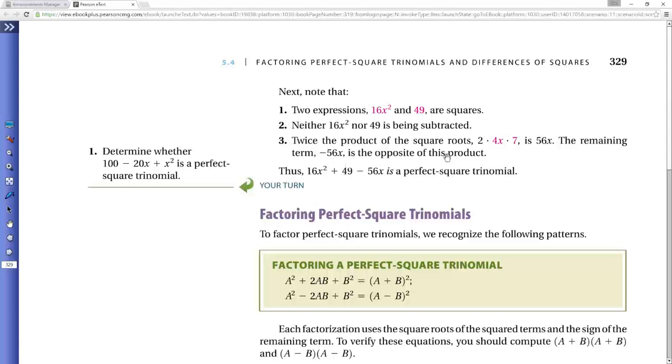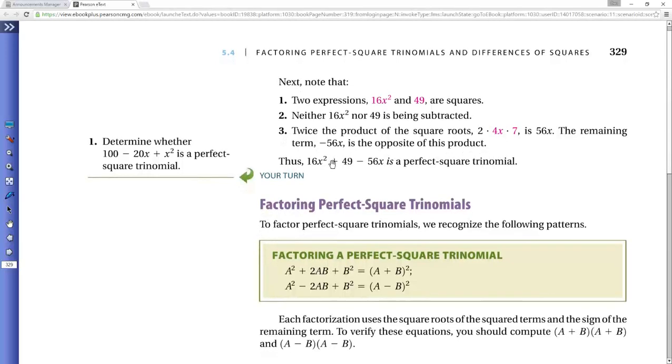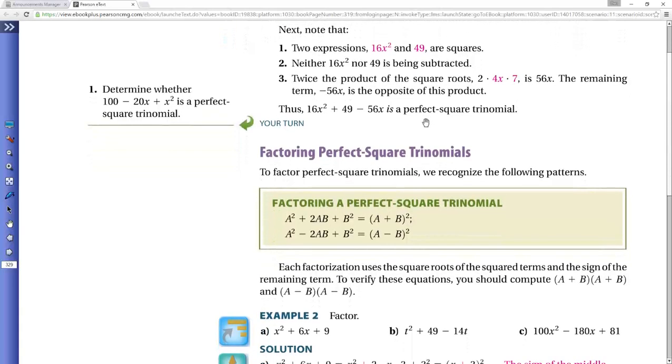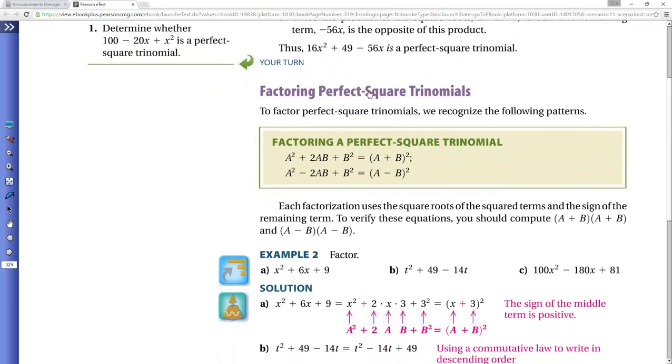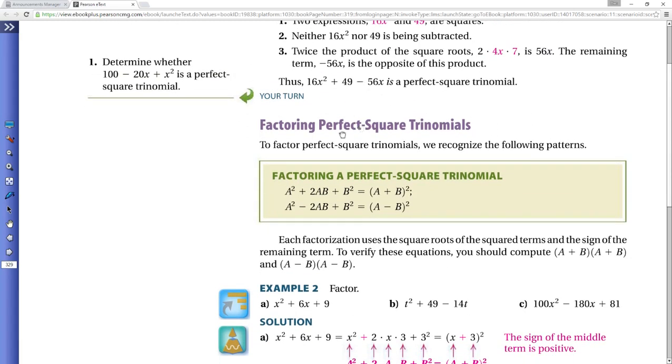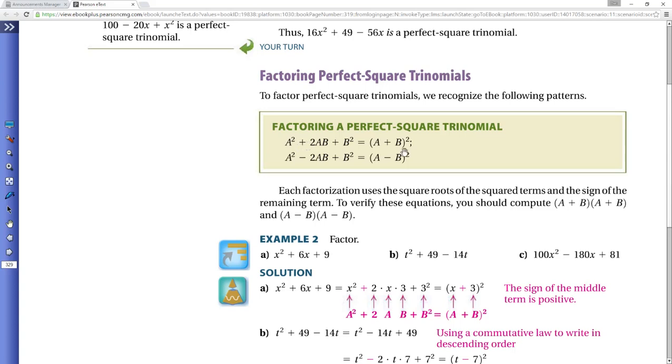Thus, they can have the opposite product. So I'm going to end up with, and this next part they're showing us, 4x minus 7 squared. And we'll talk about that. That way the middle term becomes correct, or in the negative. Okay? And that's what they're showing us here.